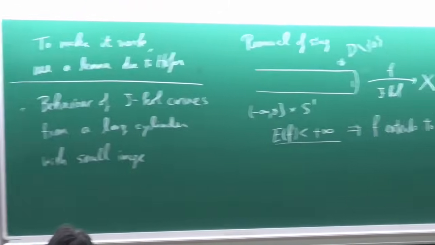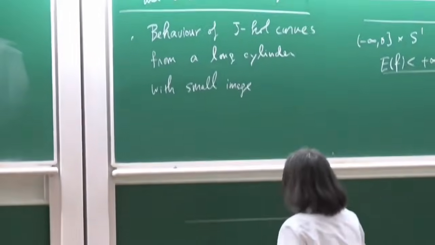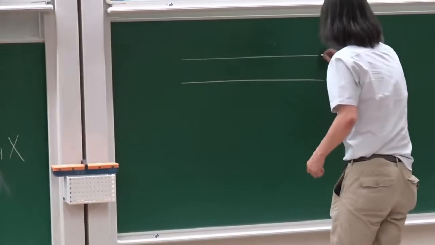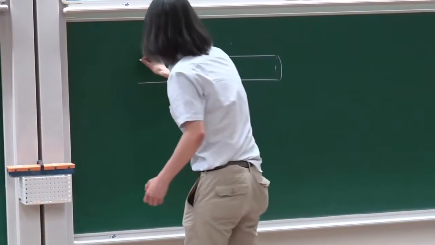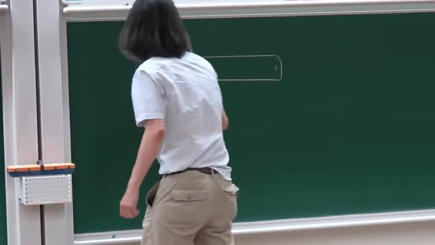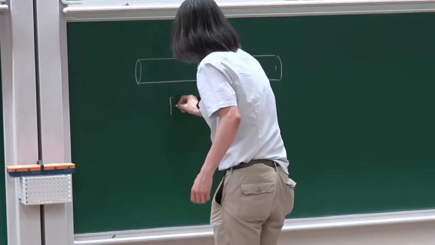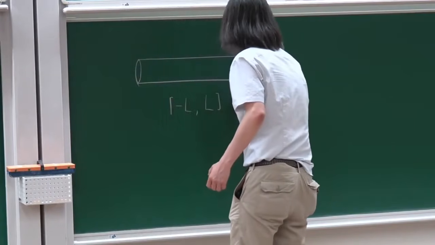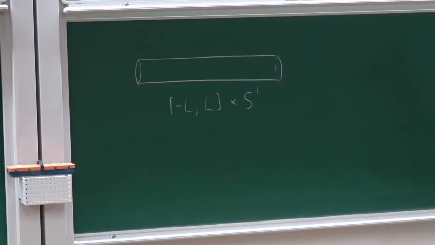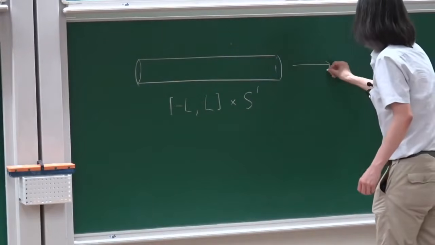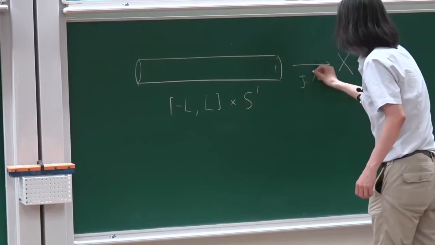So now today, what I'm talking about is the following. Now I have a cylinder like this, like [-L, L] times S^1, and then a map to X, a J-holomorphic map.